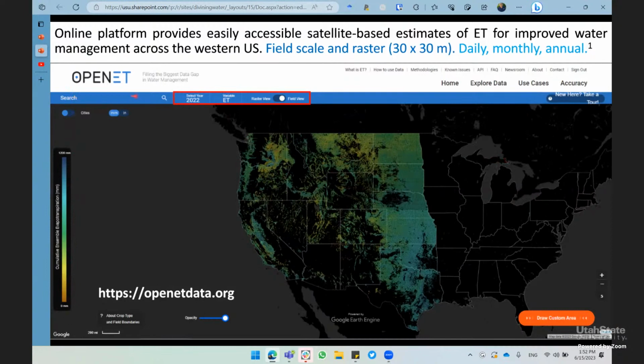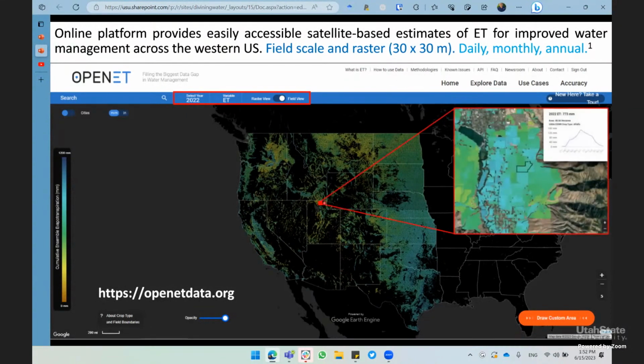And here in the search space, you can put your coordinates or the name of the city to find the area of interest. For example, here we are in Logan now. It's the northern part of Utah. You can select a field there. For example, here is Hiram, it's in the south of Logan. You select the field and then you have here the plot of the monthly ET values across the year.